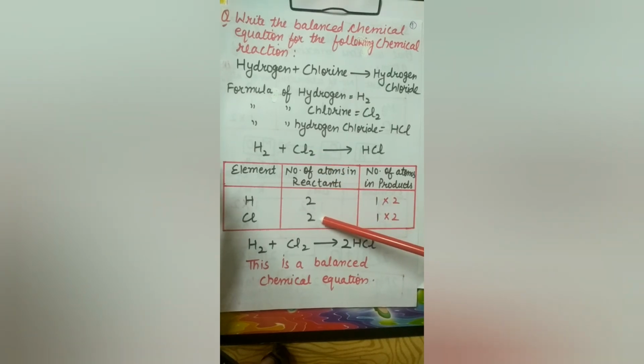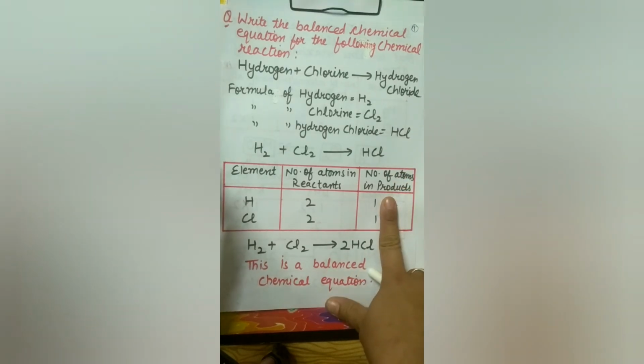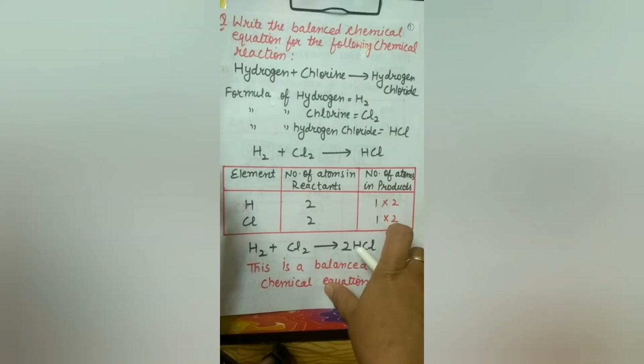Now on the right hand side, you will see that hydrogen contains only 1 atom and chlorine also contains 1 atom. So this is an unbalanced chemical equation. In order to balance it, I will multiply both of them with 2.